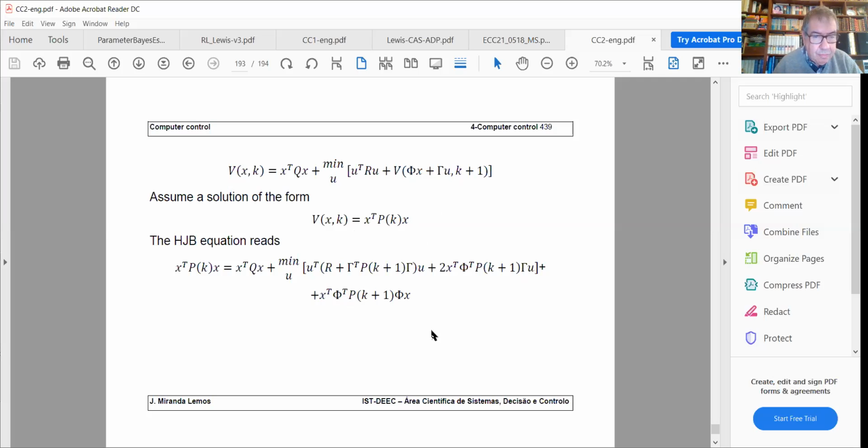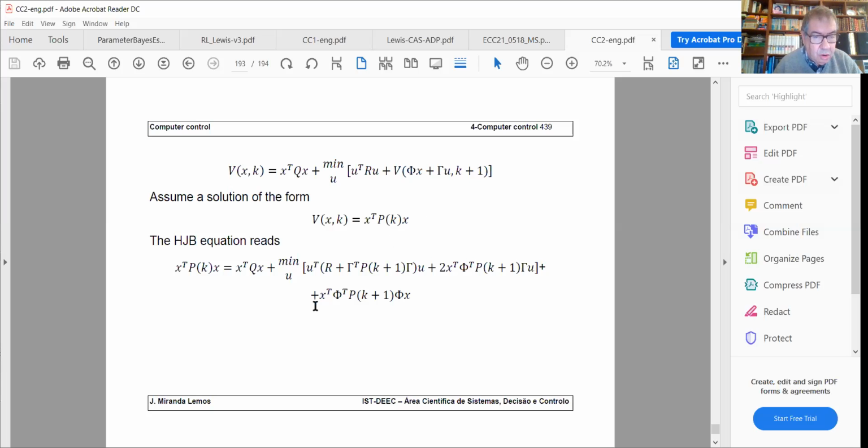You see that you have here u transposed R u, and then you have u transposed gamma transposed P k plus 1 gamma u, which corresponds to this term here, plus the other terms. This is nothing more than writing v of phi x of k plus gamma u of k, assuming that v has this form, so replacing x by phi x plus gamma u.